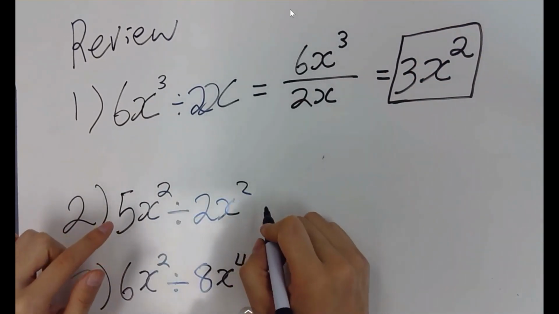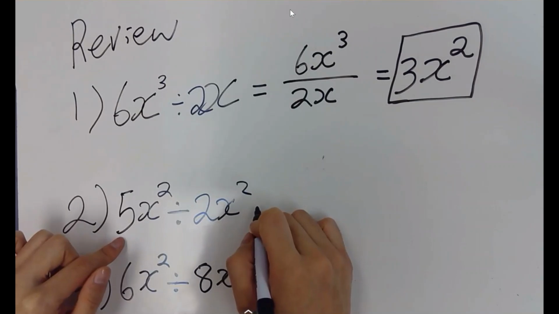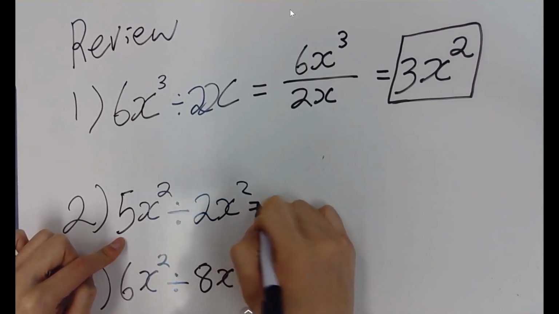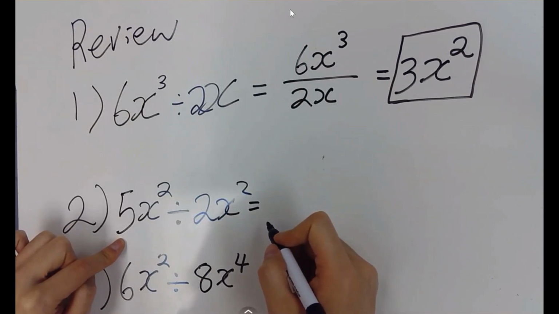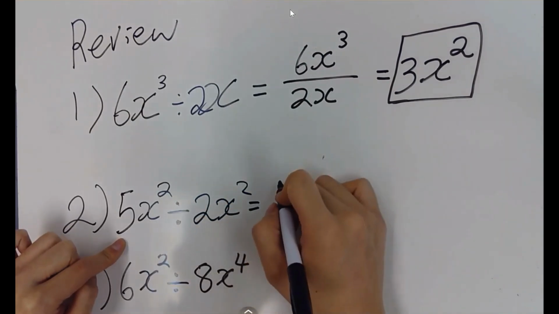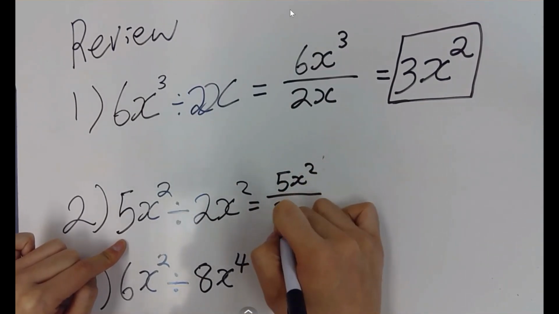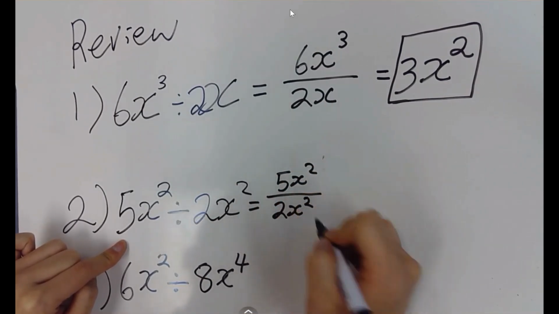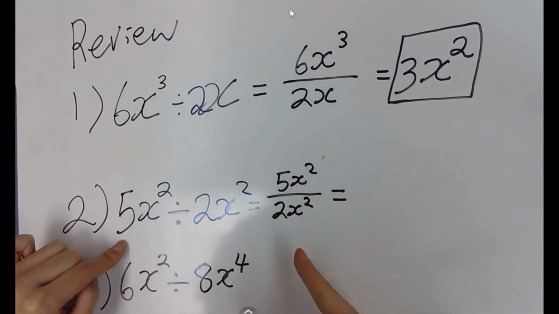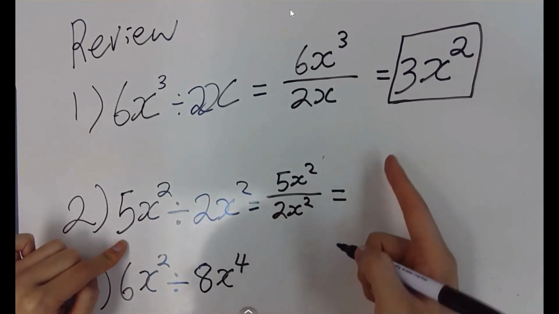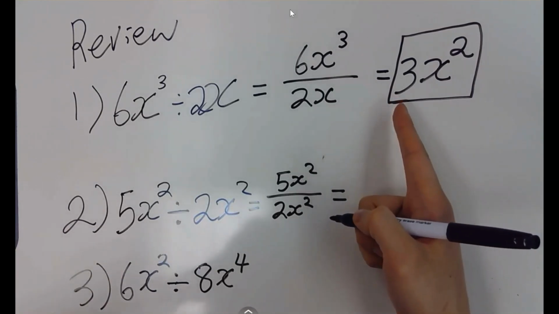The next question over here is 5x squared divided by 2x squared. The first step is always going to be rewriting as a fraction. So 5x squared divided by 2x squared is going to be 5x squared over 2x squared. And here, I know that 5 divided by 2 will not give me a clean number like 3.